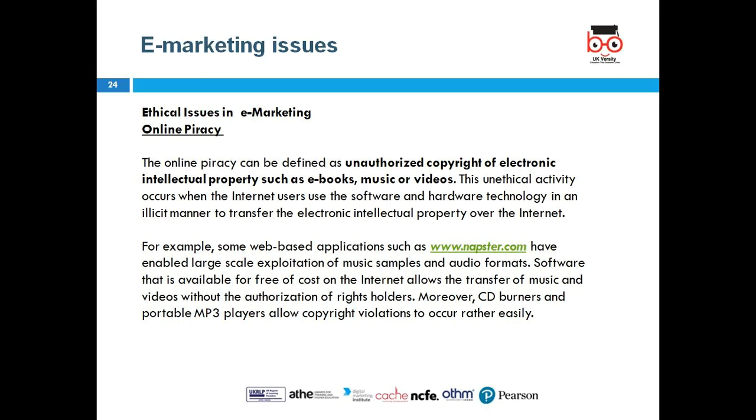And then online piracy is also a problem. You should be very careful that whatever products you are selling, you follow the copyrights, the trademarks, and many more rules. For example, if you have an online store, some of the products you cannot sell at all.